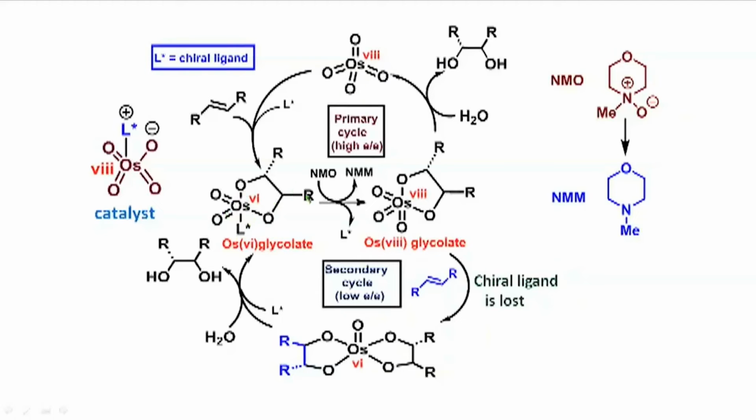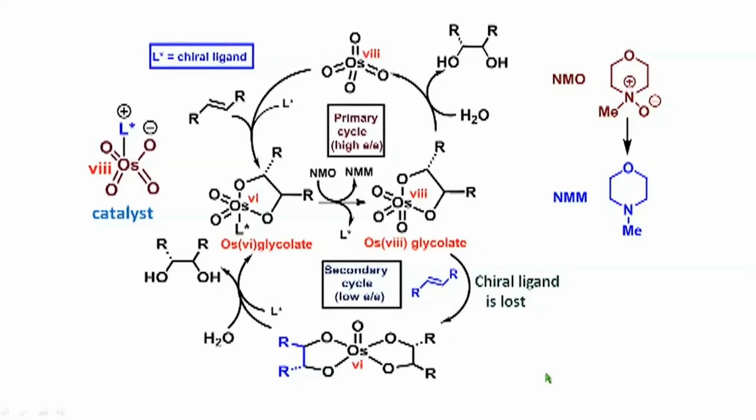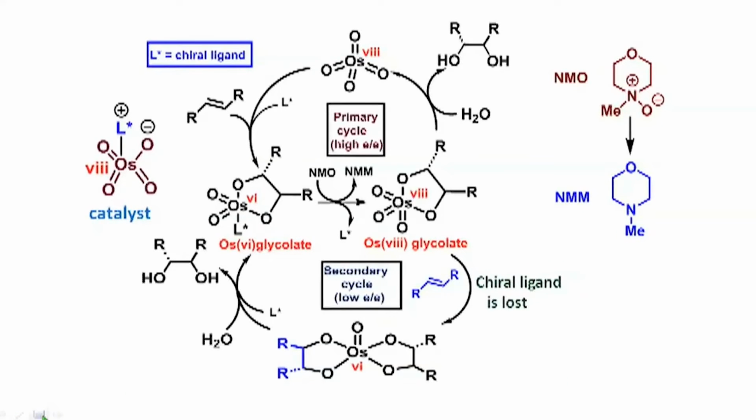That means in the modified system, the hydrolysis is taking place first to release the diol, and subsequently in the same medium the osmium(VI) gets oxidized to osmium(VIII), that is osmium tetroxide, and therefore this primary cycle is basically operating when the potassium ferricyanide system is used, and that is the reason why the potassium ferricyanide based system is of high enantiomer selectivity and gives the diol of high enantiomer purity.